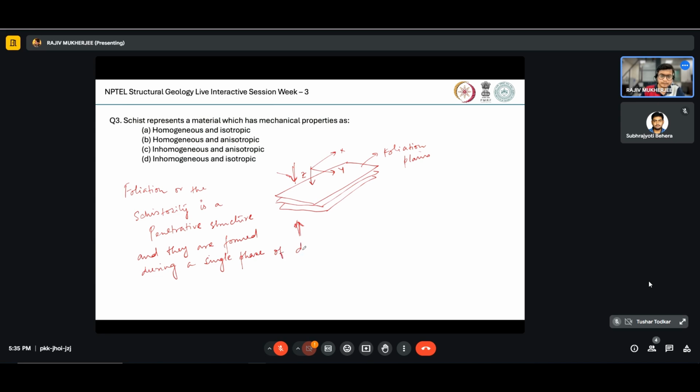So one set of foliation will always be developed during only one set of deformation, right? And they will be perpendicular to the direction of the compression. And all the micaceous minerals or phyllosilicates basically form the schistosity or the foliation planes, right?